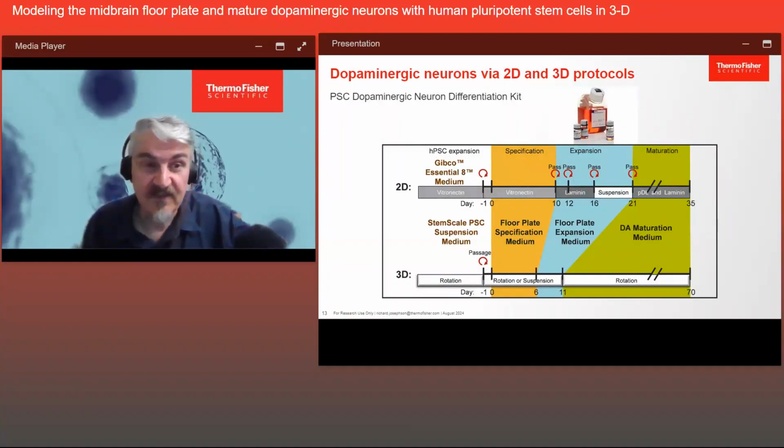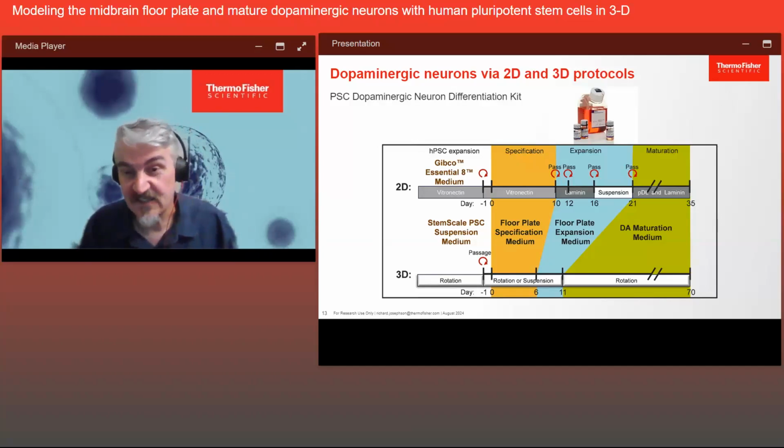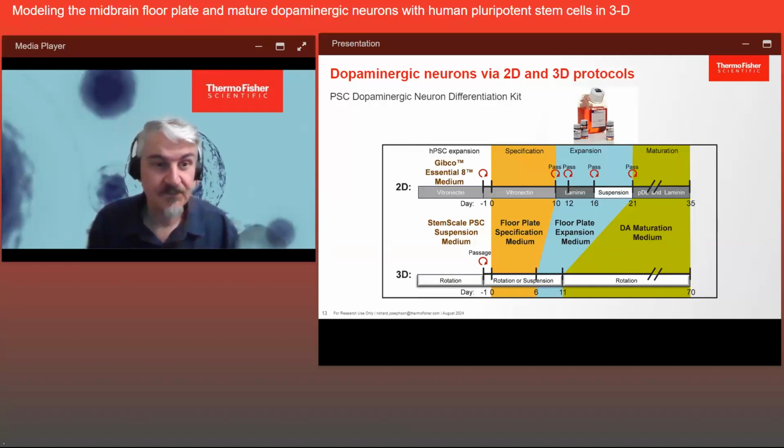So for the remainder of this talk, we're going to be following this accelerated timing for 3D differentiation, which is specification for 6 days, expansion for 5 days, and then continue the dopaminergic neuron maturation in rotating vessels for up to 70 days.